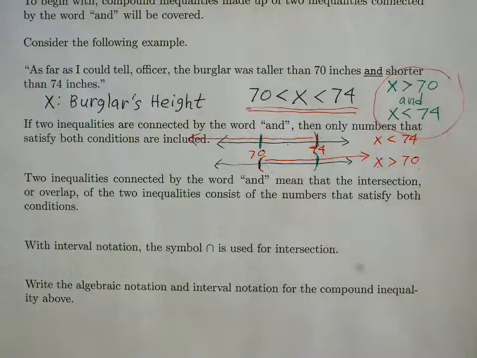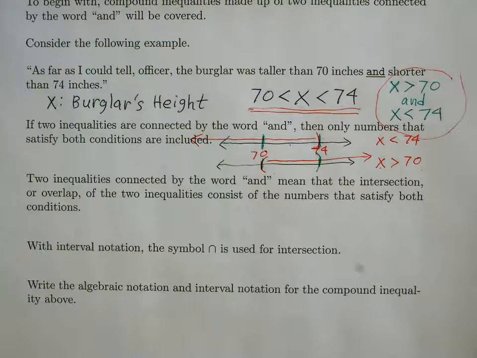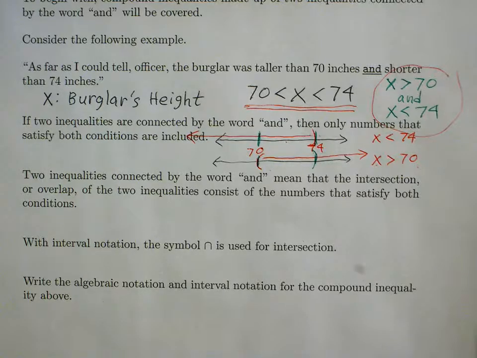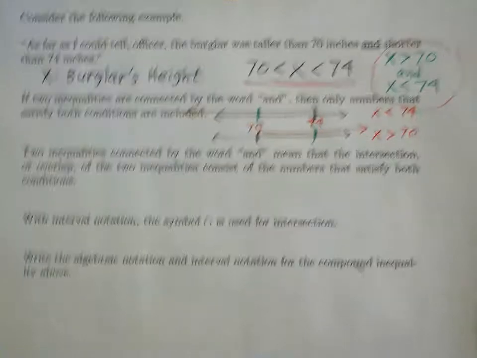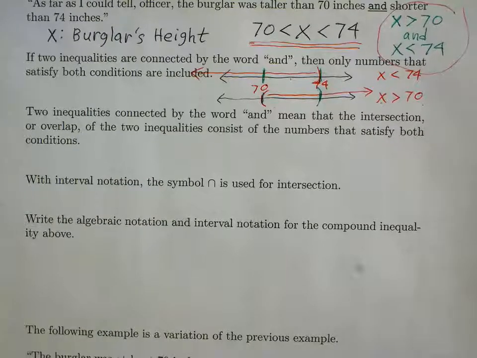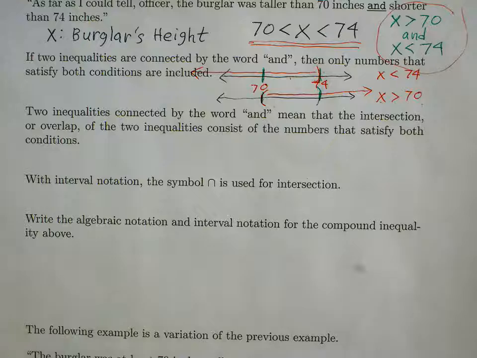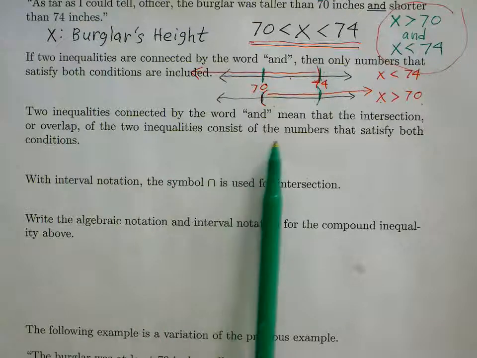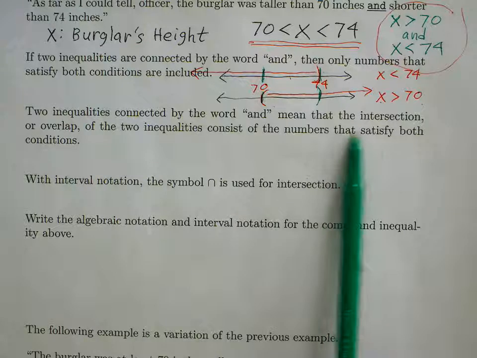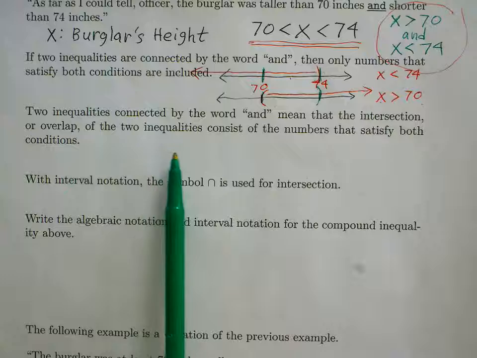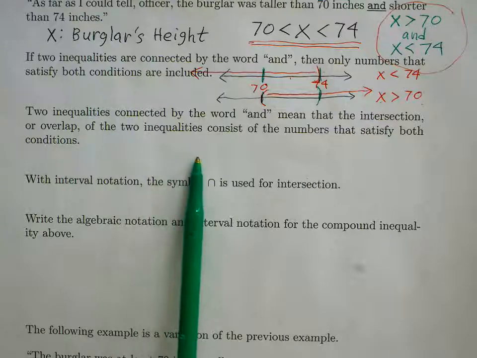I can draw a bigger picture of that later if that's necessary. I'll probably do that a couple more times just to get the point across. Two inequalities connected by the word and mean that the intersection or overlap of the two inequalities consists of the numbers that satisfy both conditions.